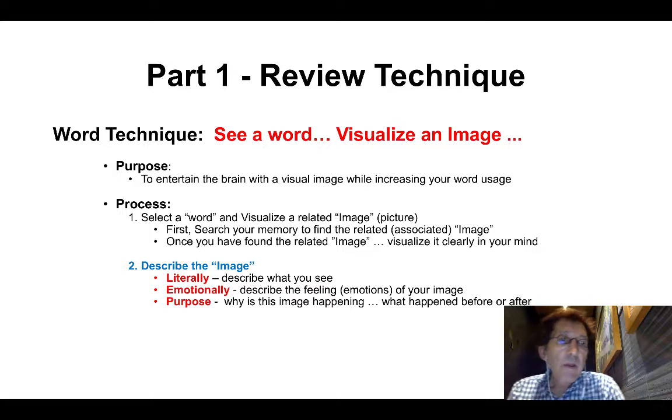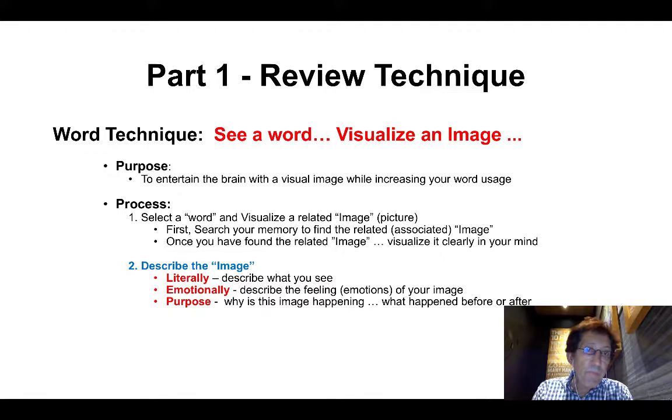The basic essence is to describe the image, describe what you see, describe the feeling, and tell us why is this image happening? What happened before or what's going to happen after?